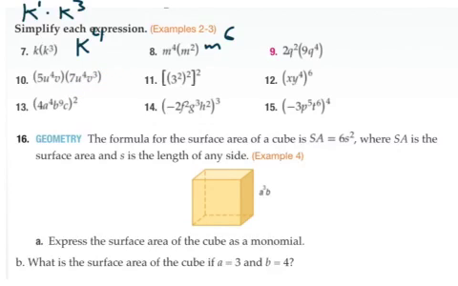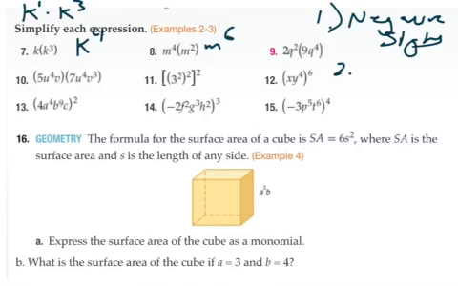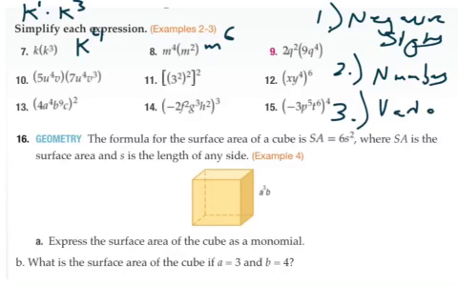So I'm going to go in the order of negative signs is 1, and then 2 is going to be numbers, and then 3 variables. Sorry about the messy handwriting, but you get the idea. So I'm going in the order. I'm going to check negative signs, I'm going to check numbers, and then I'm going to work with my variables.